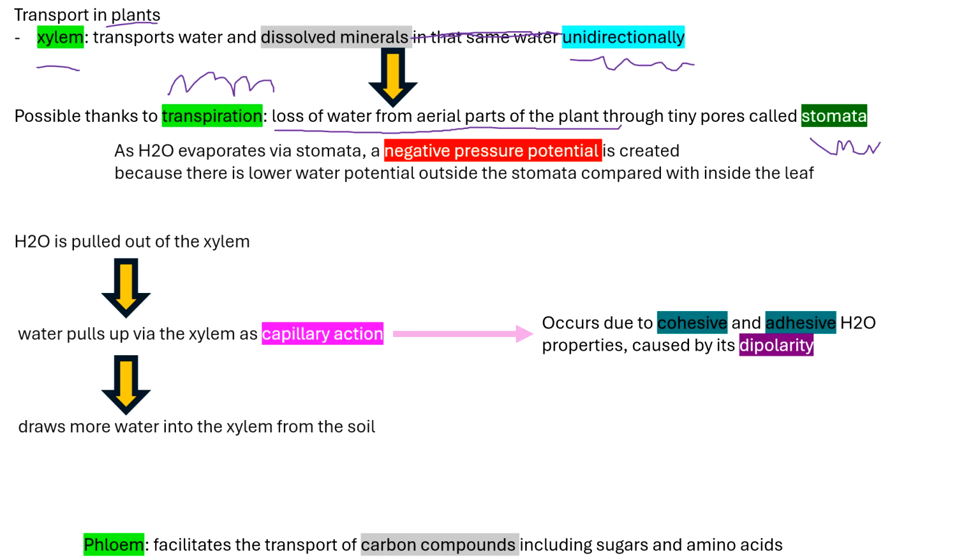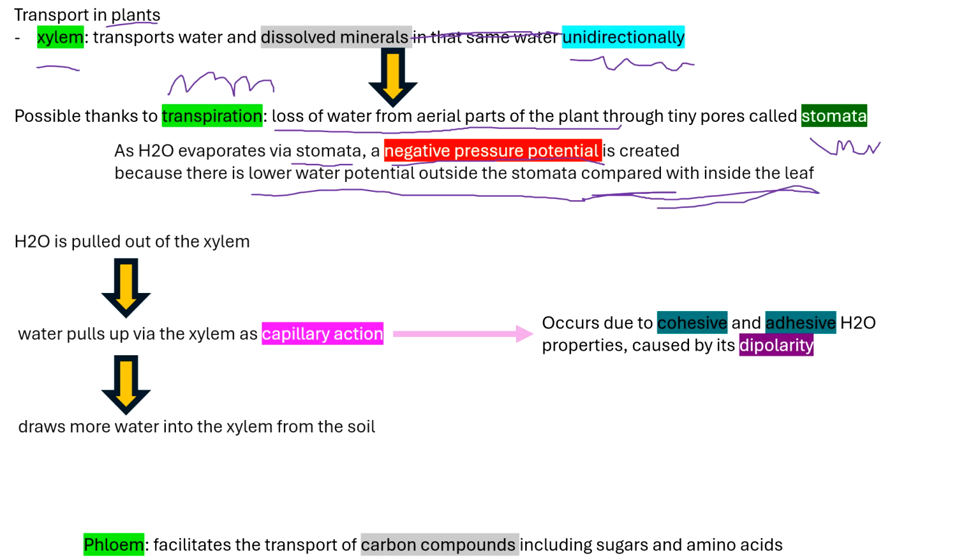So as water evaporates via the stomata, this creates a negative pressure potential. Why does this cause a negative pressure potential? Well, because there's less water potential outside the stomata compared to inside the leaf. And this makes sense, right?